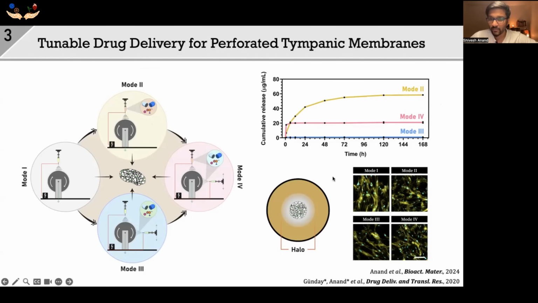In terms of the antimicrobial validation, we saw that all these different modes that we investigated were capable of inhibiting the growth of bacteria, both gram-positive and gram-negative. And this was accompanied with biological characterizations using human mesenchymal stromal cells, where we saw that there was no detrimental effect on their growth and proliferation.